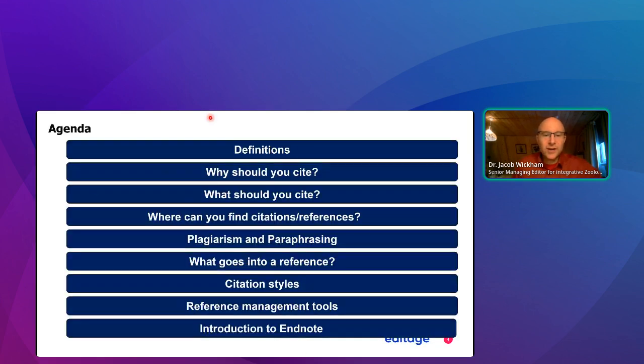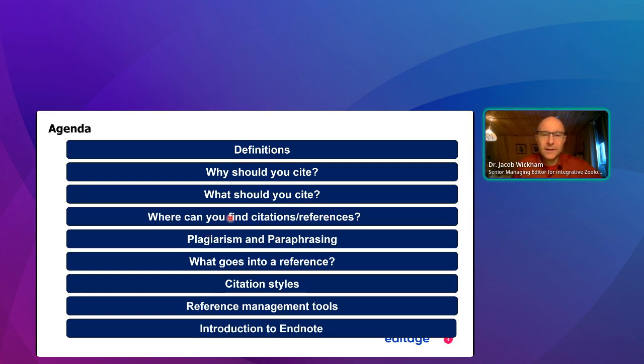So here's an agenda. I'll go over some definitions about citations, some basic information, how to find citations, and how to build your reference library. There are a lot of shortcuts you can use, because if you have a giant folder of PDFs, either printed or on your computer, putting those into your reference manager manually would be very time consuming.